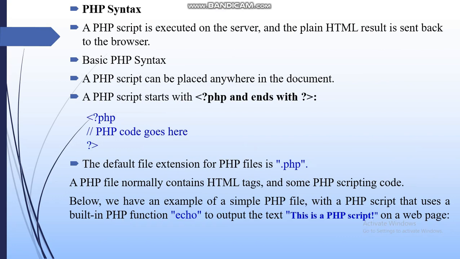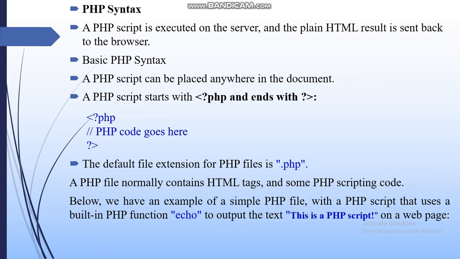For the syntax, we use a less-than sign, question mark, PHP, and close with a question mark and greater-than sign, also called angle brackets. We write our PHP code between these tags, and we have to save the PHP file with the .php extension.